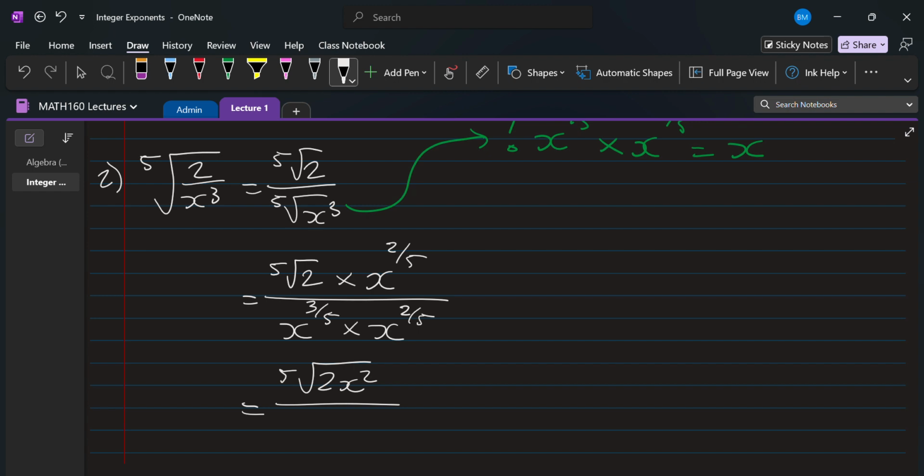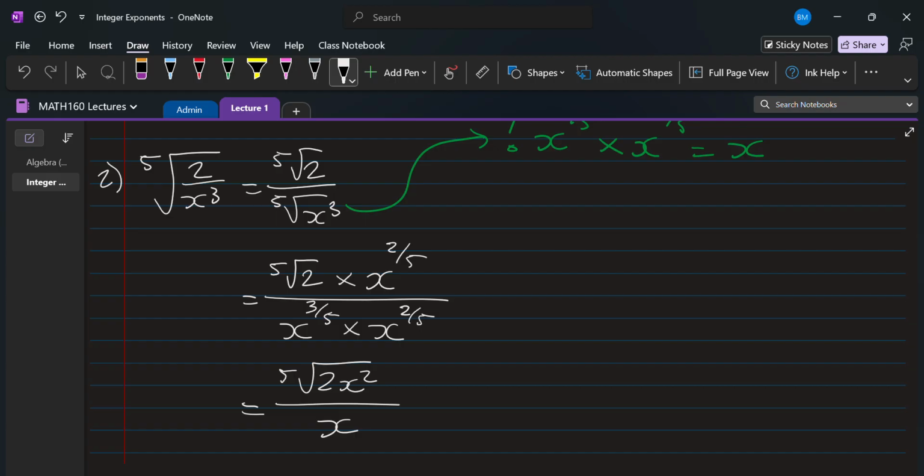So we're going to have the fifth root of 2 times the thing we needed to get to 1, that was x to the 2 over 5, over, I'll write it with the rational exponent, x to the 3 over 5 times x to the 2 over 5. What do we get at the top?